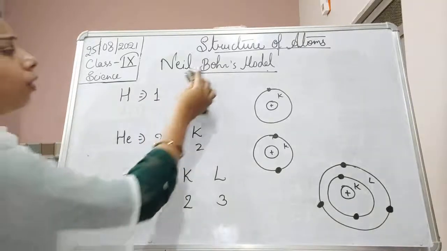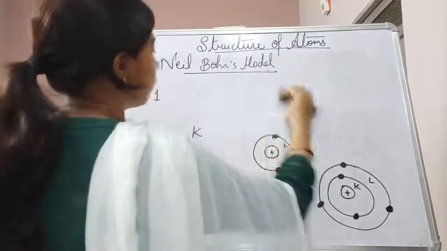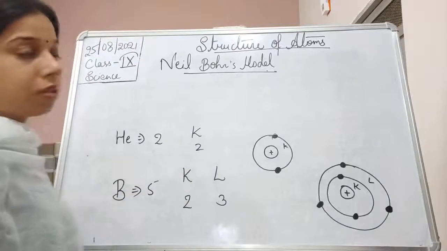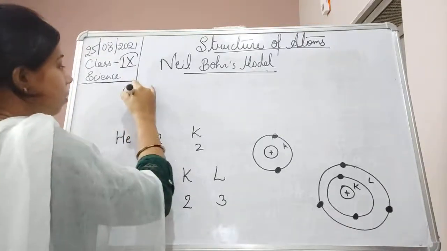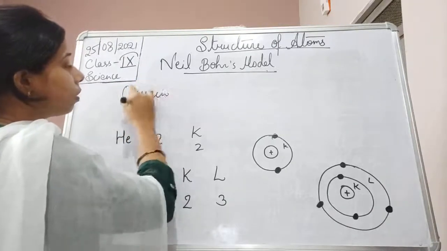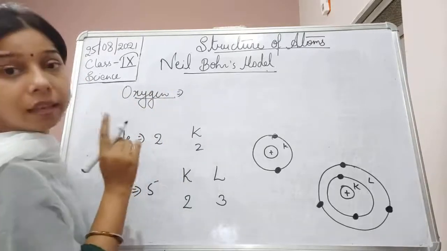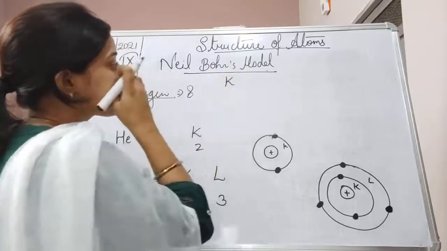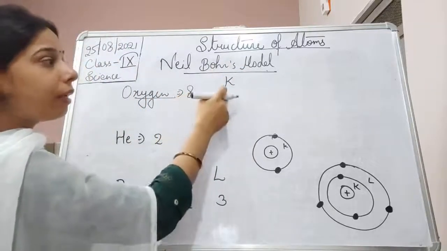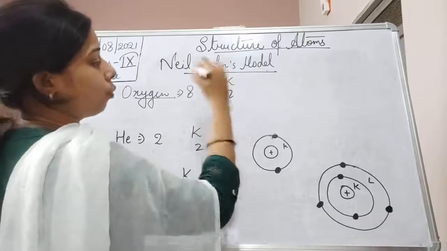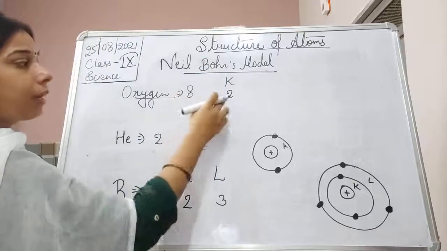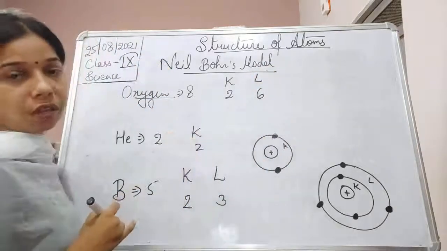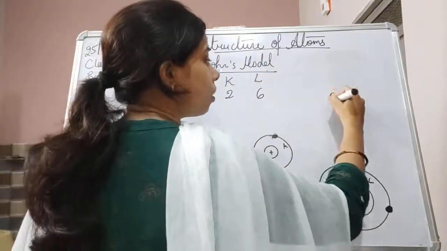Let us see some more, like if we take the example of oxygen. The atomic number of oxygen is 8. So its electronic configuration will be: out of these 8, 2 will enter into the K shell. It will be 2. How many are left now? 8 minus 2, that is 6. So 6 electrons will enter into the L shell. Now this is what?